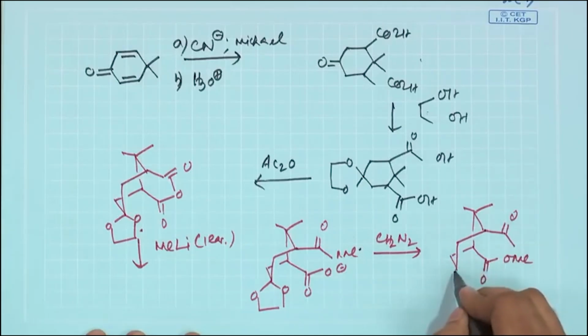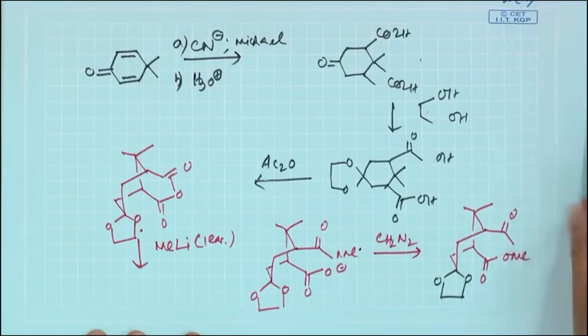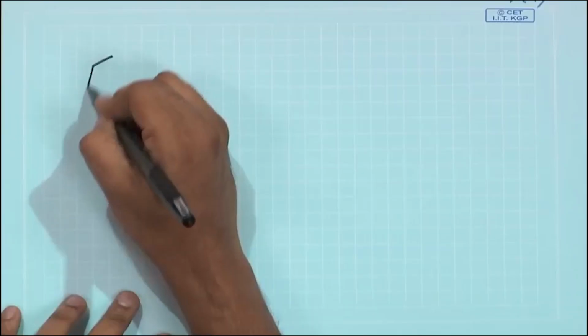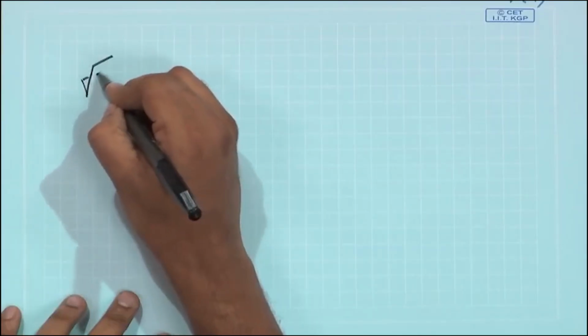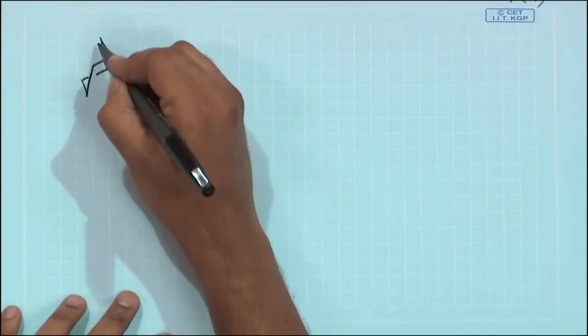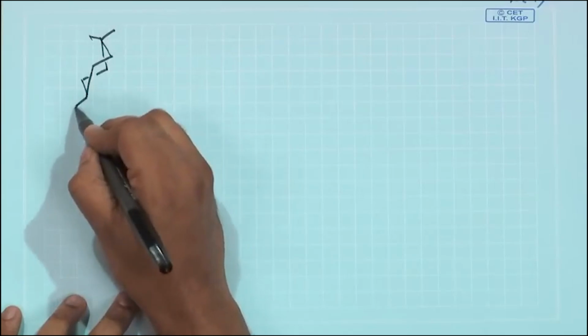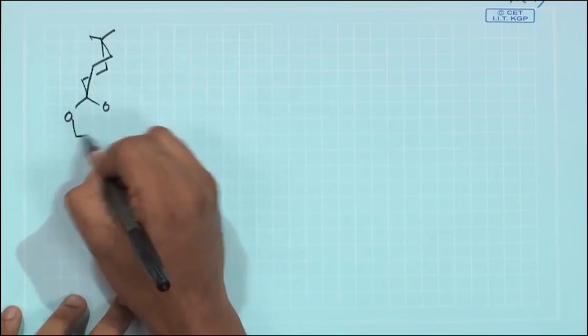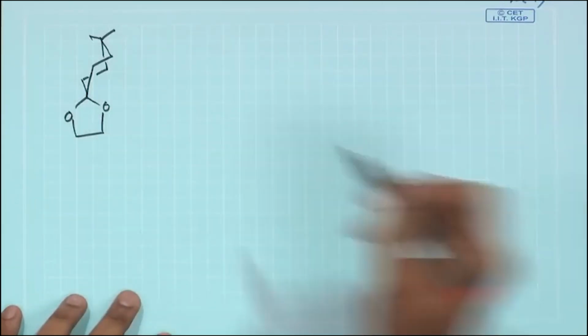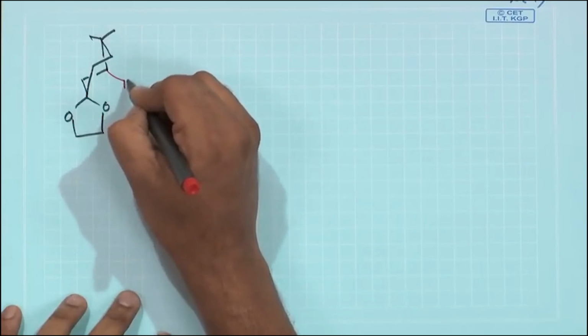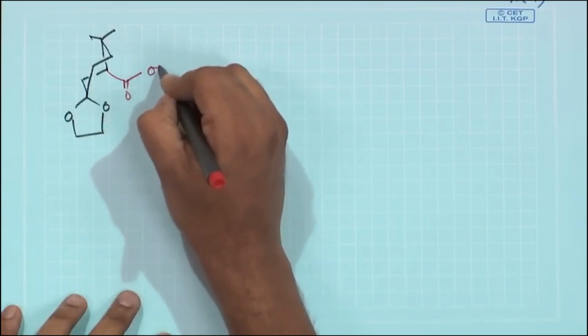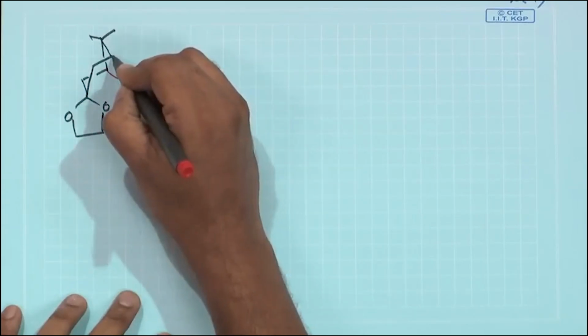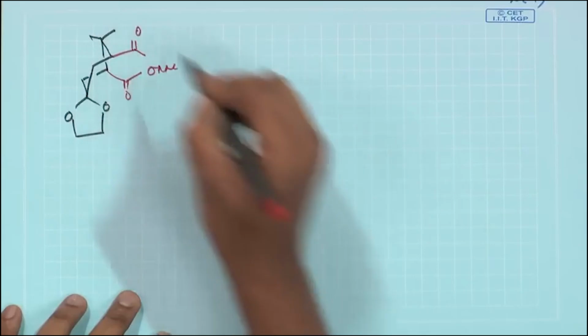Now, we will again draw this compound in the other structure, in this particular place. Structure drawing is a bit important. Then you find that this compound has a methyl ketone as well as an ester.